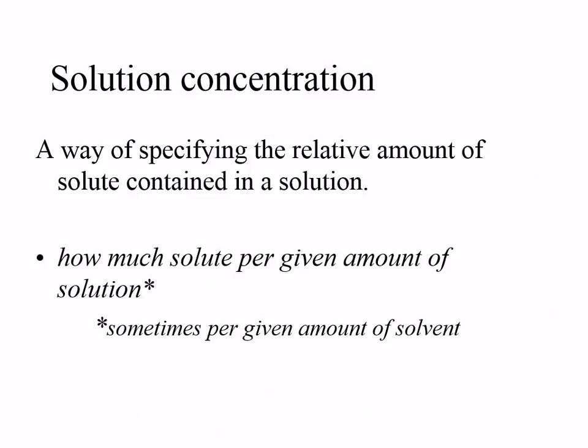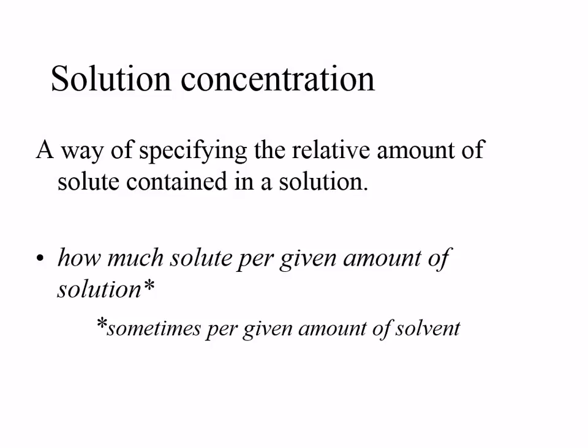All right, so we need to be able to look at a liquid solution and say how concentrated the solute is. We're going to focus on two different ways this afternoon, and they are both amount of solute per given amount of solution.